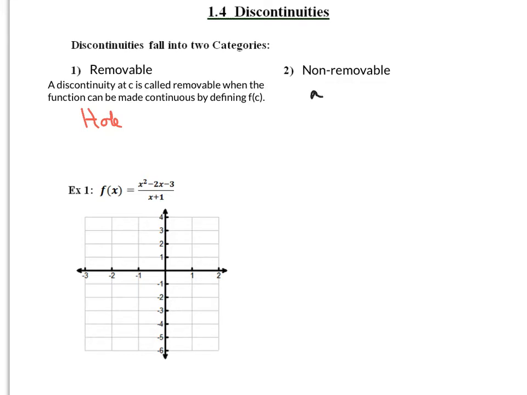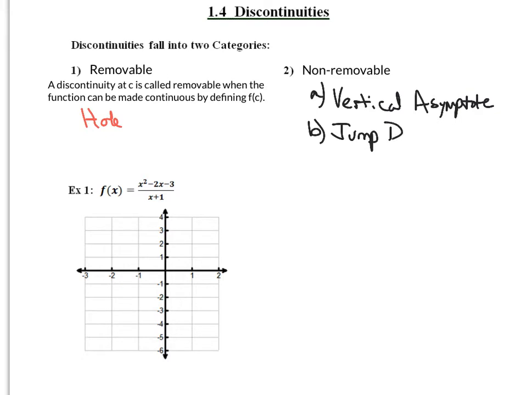The first category is going to be a vertical asymptote on the graph. The second category is going to be what we call a jump discontinuity, or a break in the graph, and we'll see some of the reasons that we end up with jump discontinuities as well in a few of the examples that we have today.